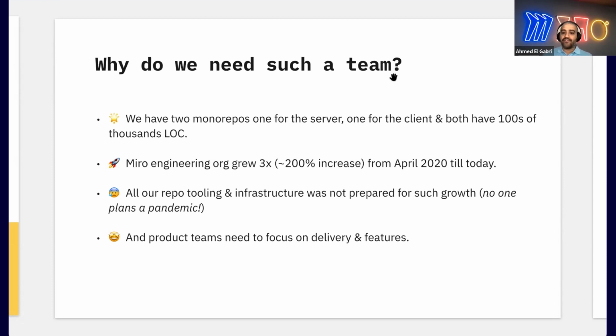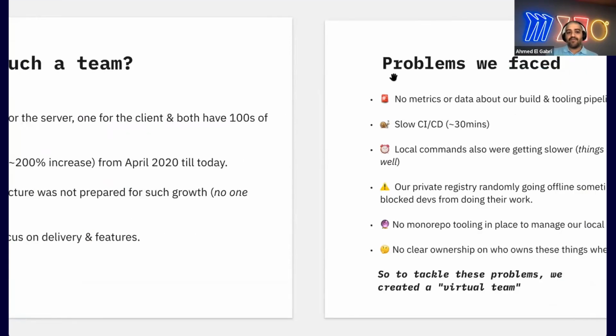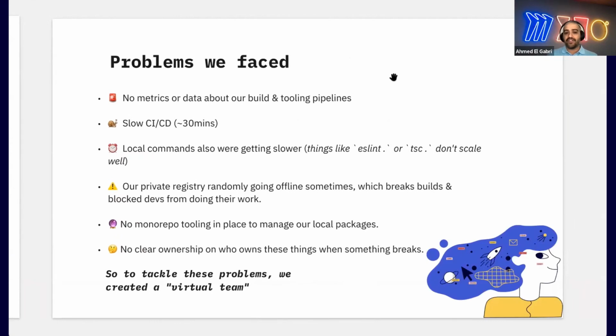All our repo tooling and infrastructure was not prepared for such growth in a very short amount of time because no one really plans a pandemic. So you cannot anticipate this. And product teams need to focus on delivery and features. So with this growth comes some of these problems that we faced, and we decided to tackle them with the front-end infrastructure.